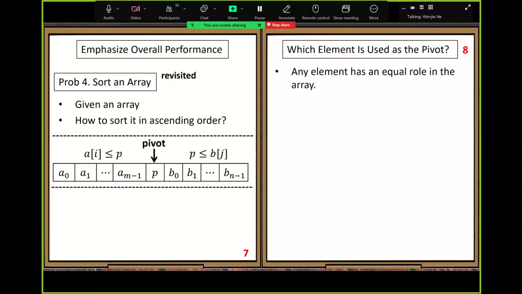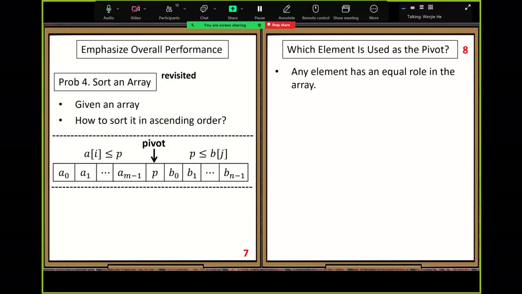Here, because when we are given an arbitrary array, we have no idea about the values of the elements in the array, right? You don't know which element is the largest, which element is the smallest, which element is the median.